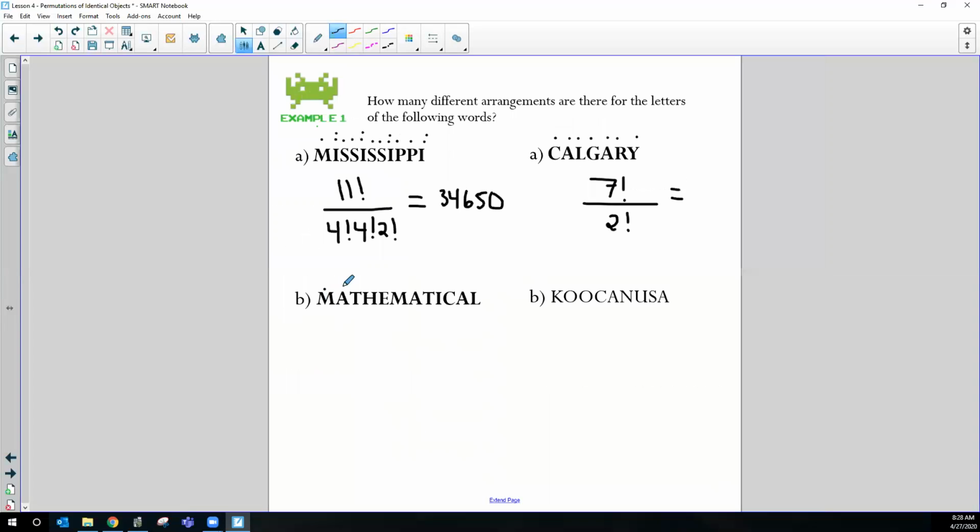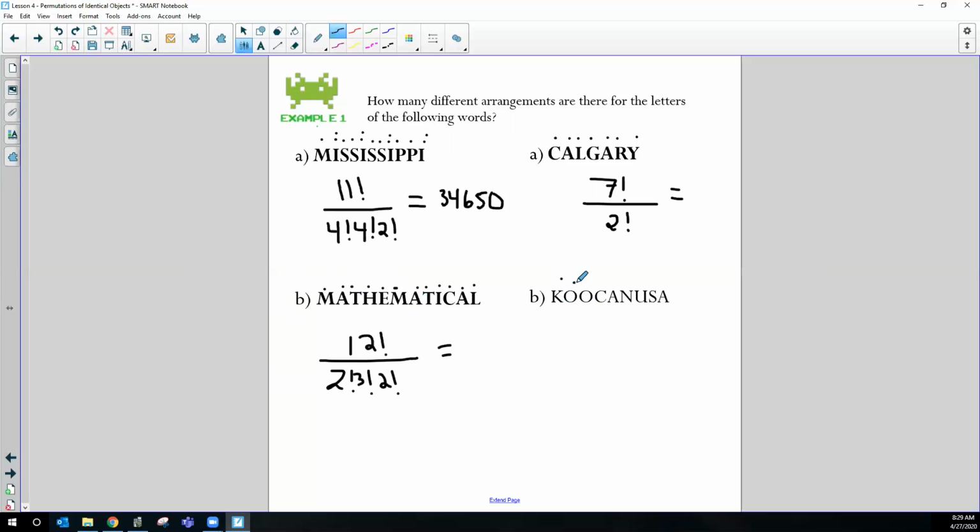Mathematical: 1, 2, 3, 4, 5, 6, 7, 8, 9, 10, 11, 12, so 12 factorial over, I see 2 M's, I see 3 A's, and I see 2 T's. So 12 factorial divided by 2 factorial, 3 factorial, 2 factorial. That'll also be a big number in your calculator. You can get that.